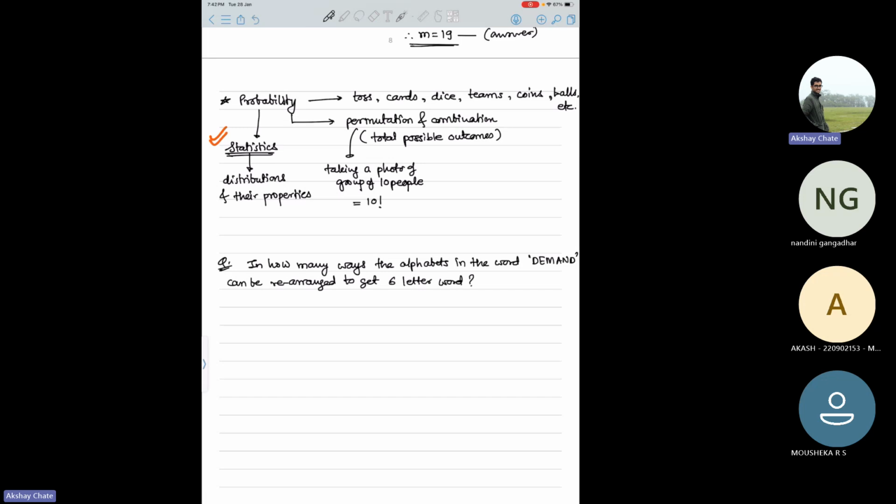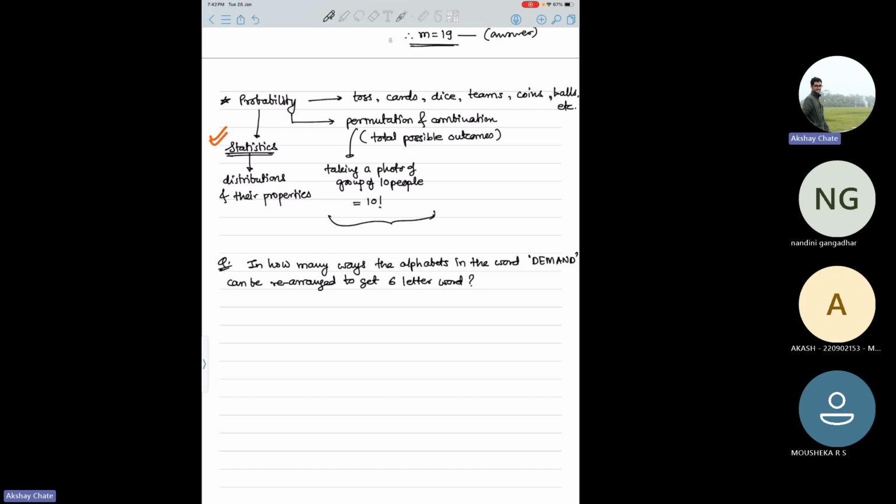Okay, so it does not mean that it has to be a meaningful word. So what basically they are trying to ask is demand is a word with 6 alphabets. How many combinations of 6 alphabet words can we make by taking these 6 alphabets? Okay. So as I mentioned here, usually it is 10 factorial or whatever.